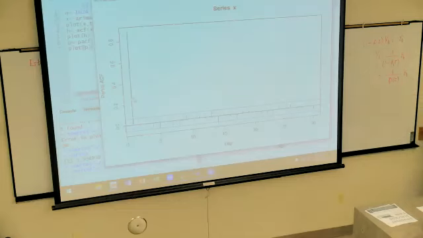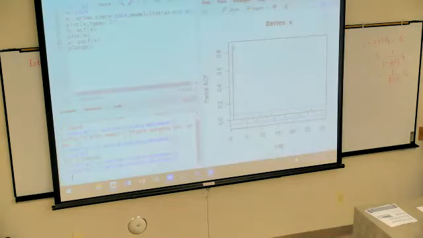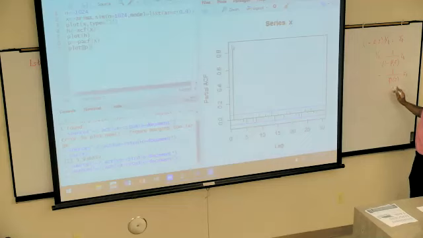So what did we do with 1 over phi of z? Found the roots.